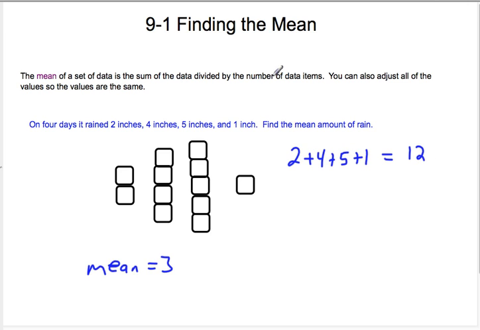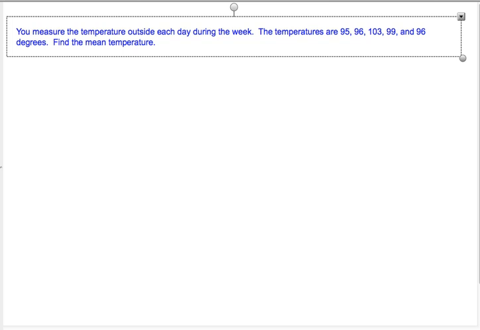And then you divide by the number of data items. So 12 divided by 4 data items will give you 3. And that's inches of rain, the average or the mean, which is the same answer we got when we rearranged the blocks here.